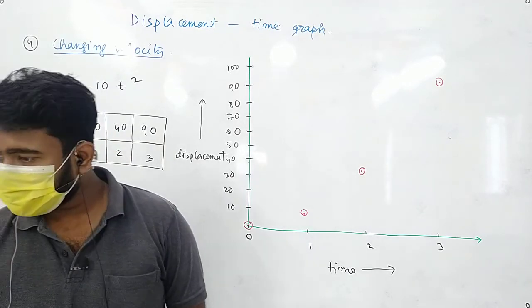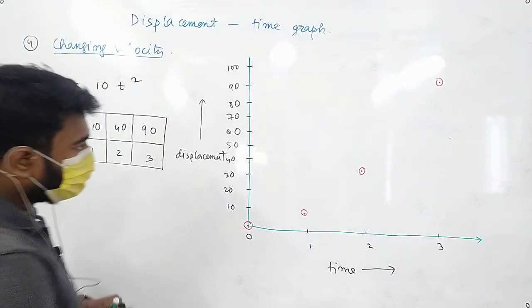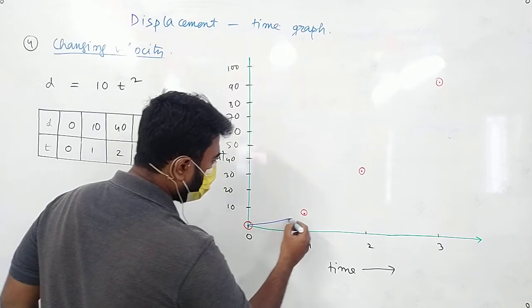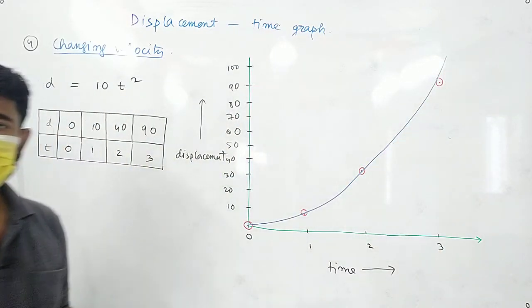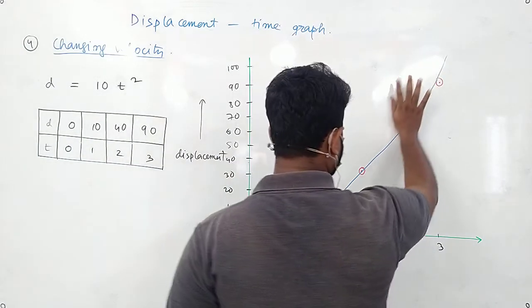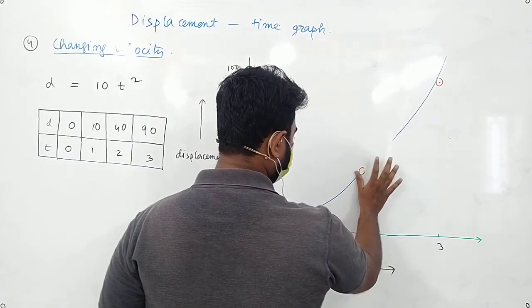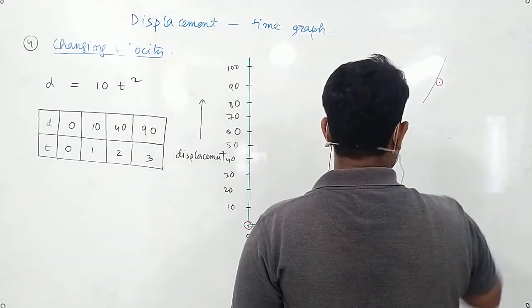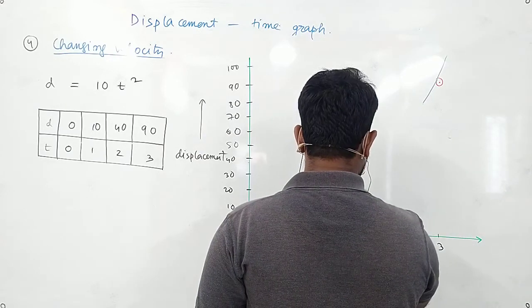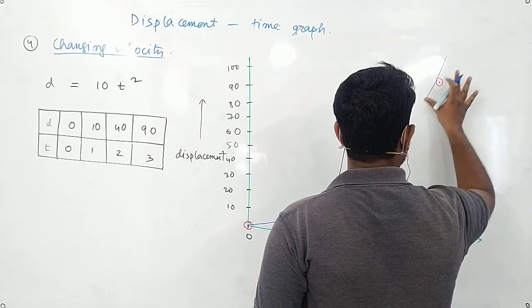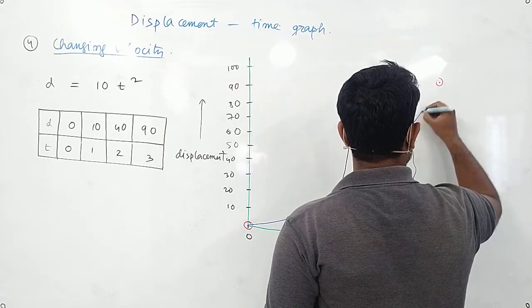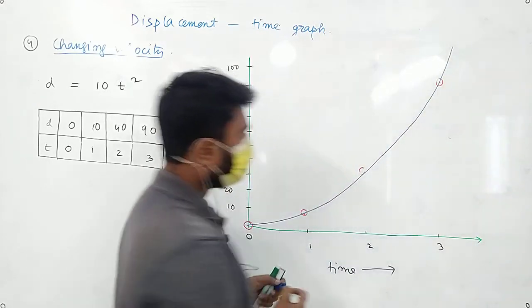Can we ever draw a straight line? How will it be? Is that clear? Just wait for some time. Right?